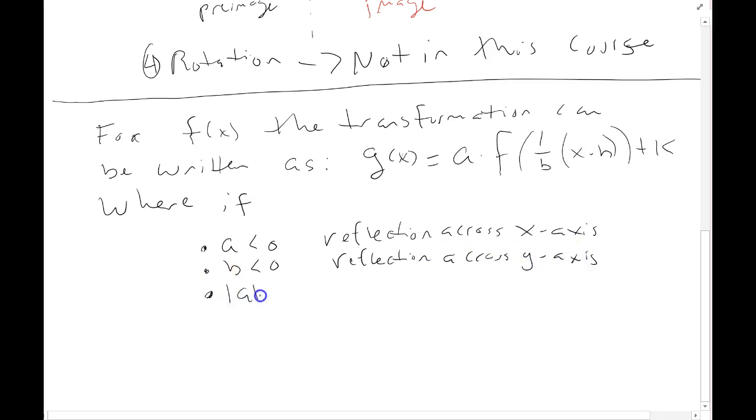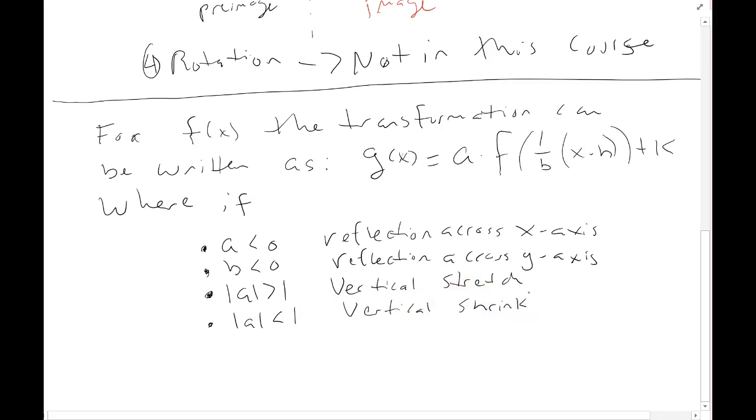If the magnitude of a is bigger than 1, so these vertical bars are the absolute value bars, when I say magnitude, it's the same thing as an absolute value, that gives us a vertical stretch. And when the magnitude of a is less than 1, that's a vertical shrink.